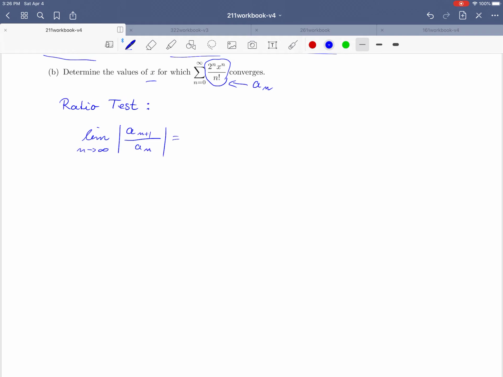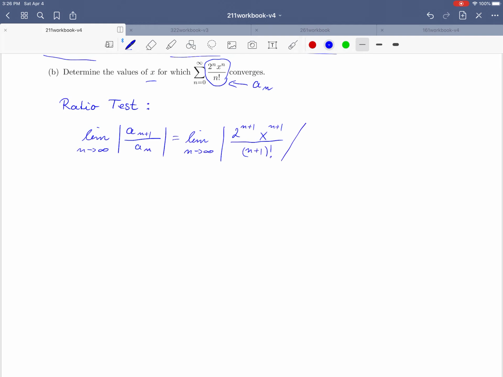Okay, so let's see what we get when we plug in n plus 1 and n into the terms of our series. So a_(n+1) is 2 to the n plus 1 times x to the n plus 1 divided by n plus 1 factorial.